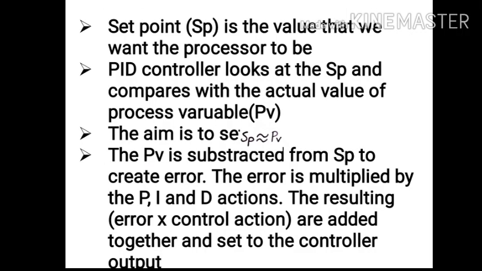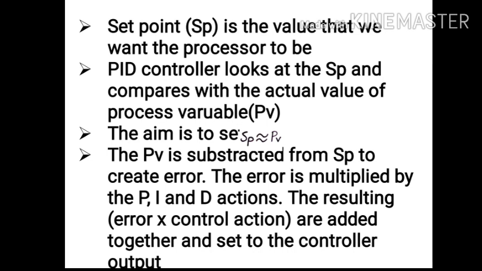The set point SP is the value that we want the process to be. The PID controller looks at the SP and compares it with the actual value of the process variable. The aim is to set SP equal to PV.